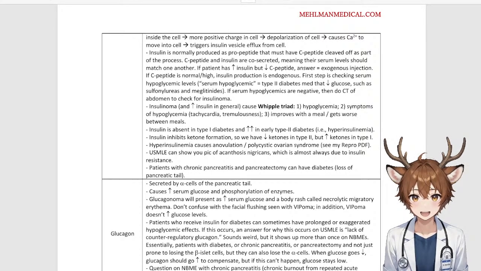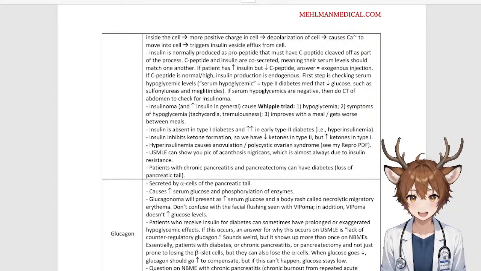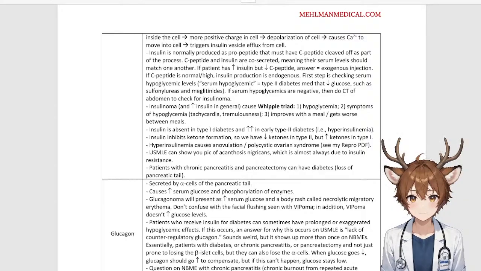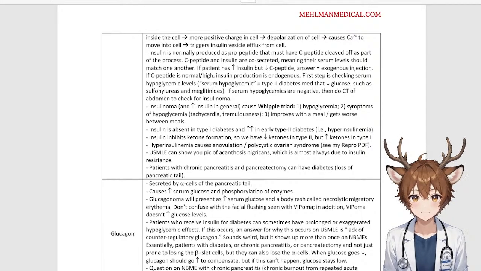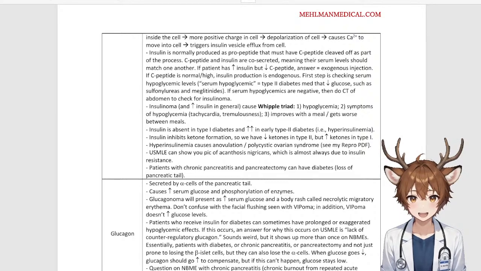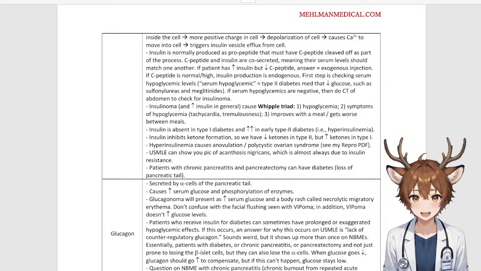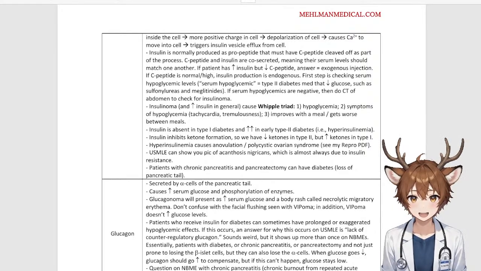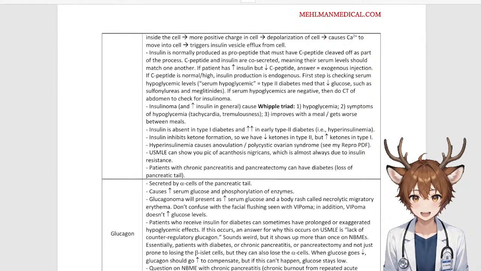First step is checking serum hypoglycemics, like type 2 diabetes medications that decrease glucose, such as sulfonylureas and meglitinides. If serum hypoglycemics are negative, then do a CT of the abdomen to check for insulinoma.